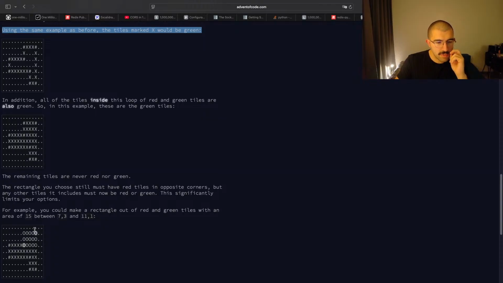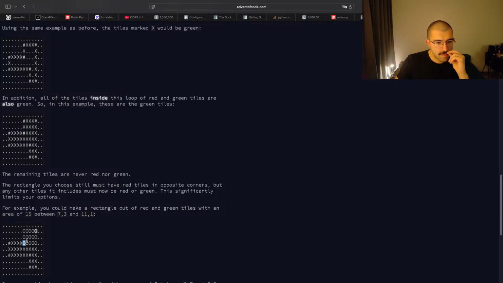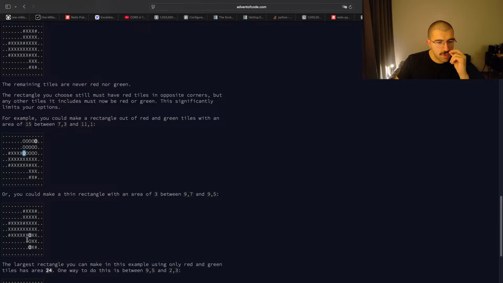For example, you could make a rectangle out of red and green tiles with an area of 15 between 11,1 and 7,3, and its size is 15, right? Or you could make a thin rectangle between these two.